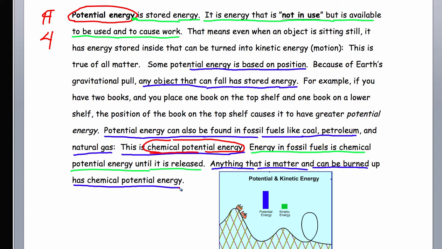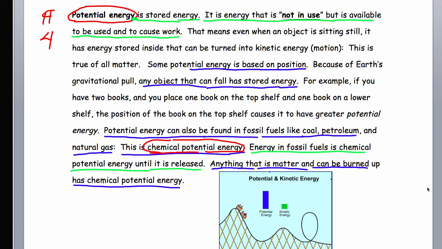Now, I want to show you, and with that, there's not a whole lot to say. I mean, we've talked about chemical potential energy and potential energy from having a position against gravity. There is potential energy in wind. There's potential energy in solar energy and solar radiation.